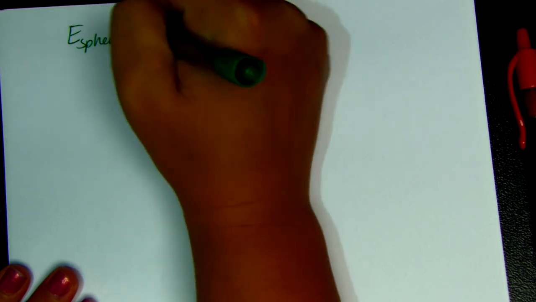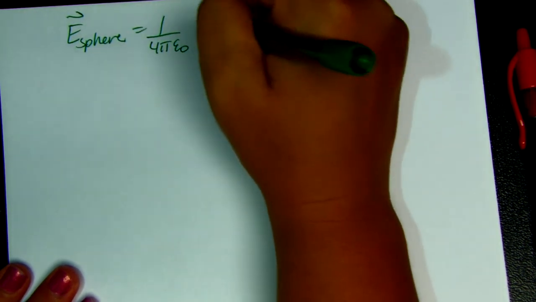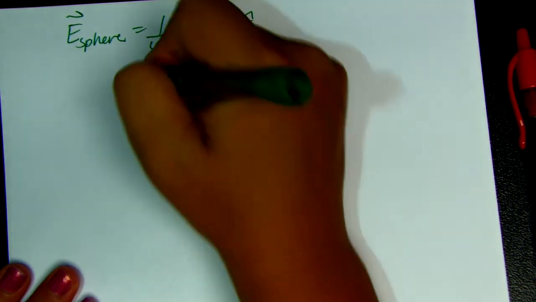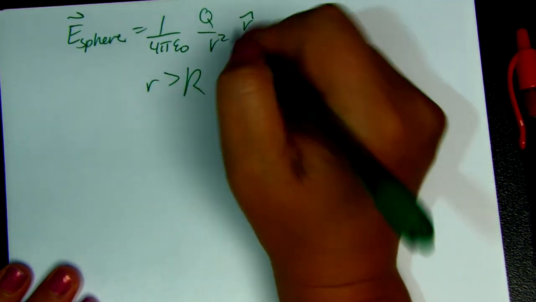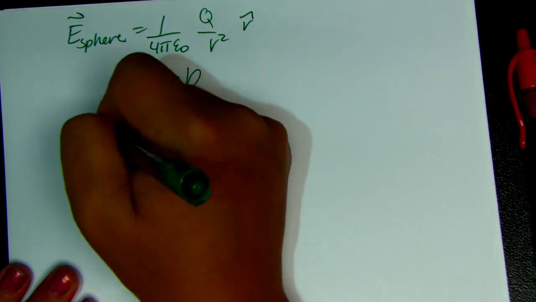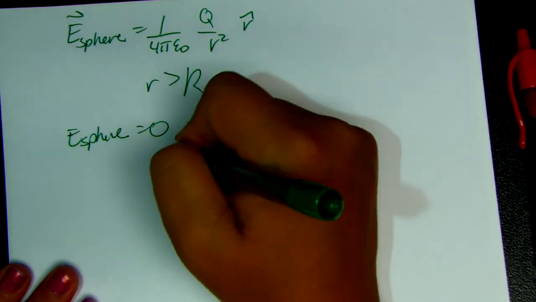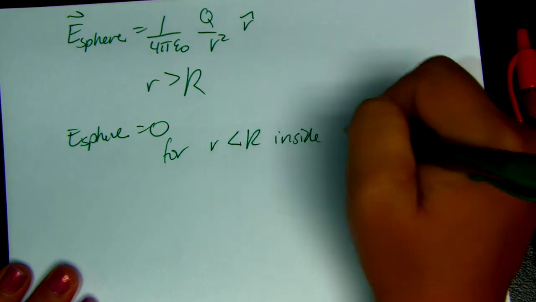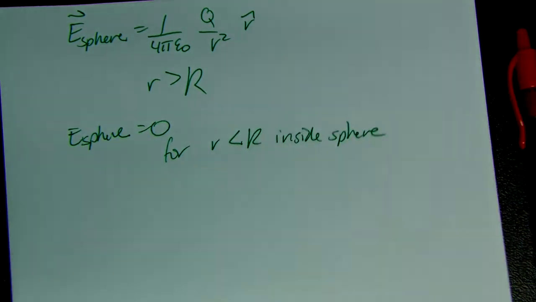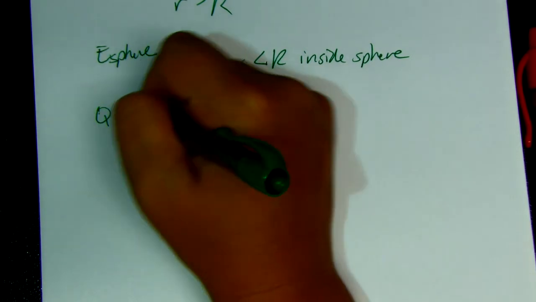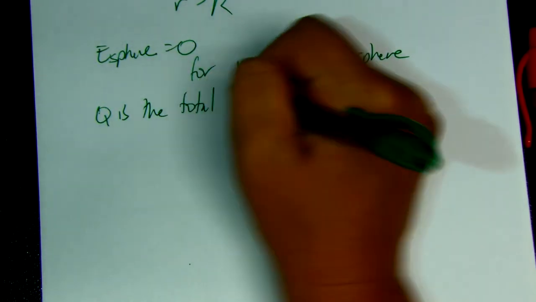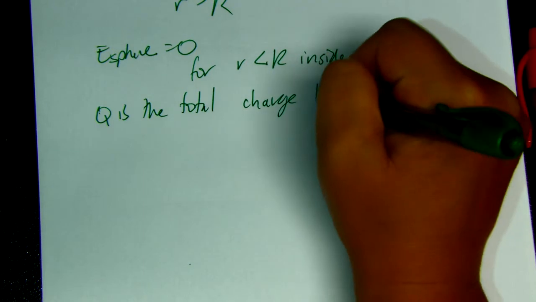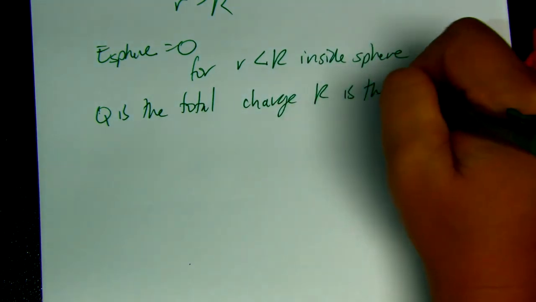So we've said the E of the sphere outside is 1 over 4 pi epsilon naught q over r squared times r hat, where r is bigger than R. And then we've said that it's 0 inside. Where Q is the total charge and R is the radius.